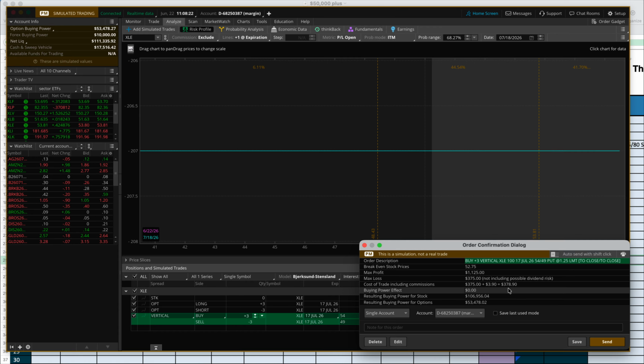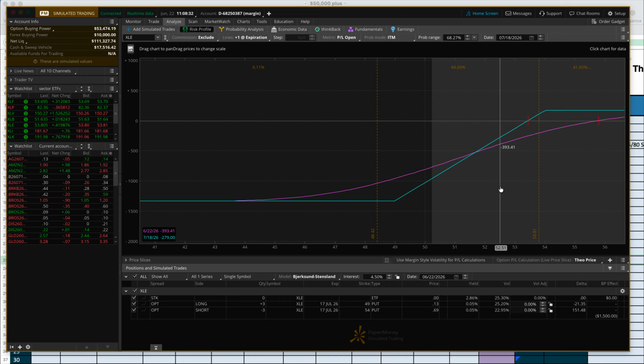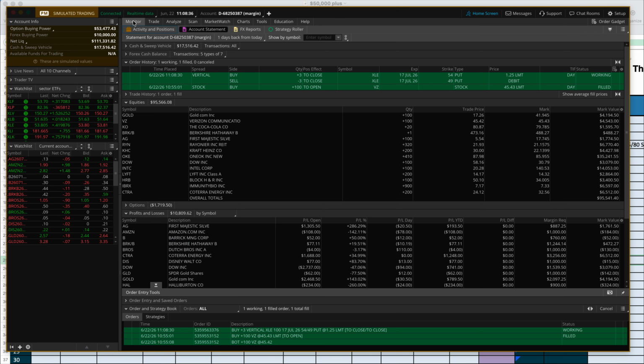So we're actually spending $378. So we brought in $150 some. So that's our 207. I'm going to send that in. And while we're waiting to get that filled, hopefully it gets filled here. It's working. We'll see if that happens.